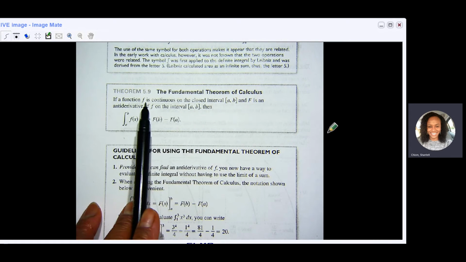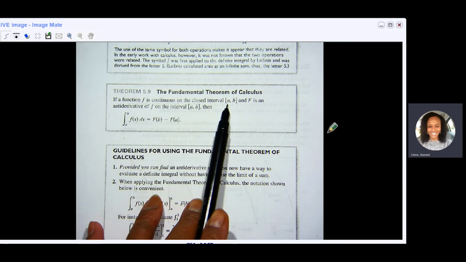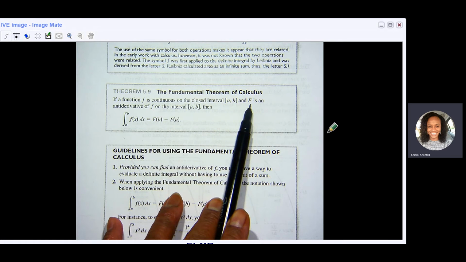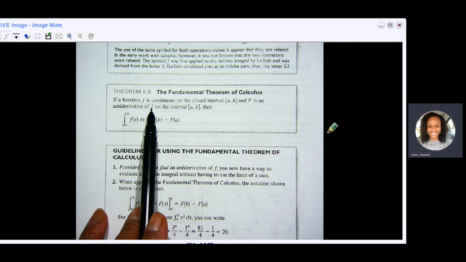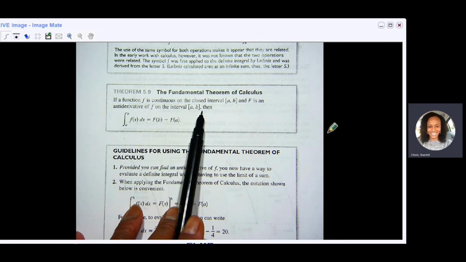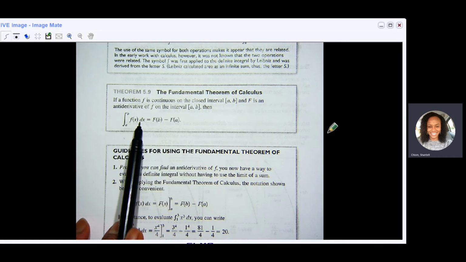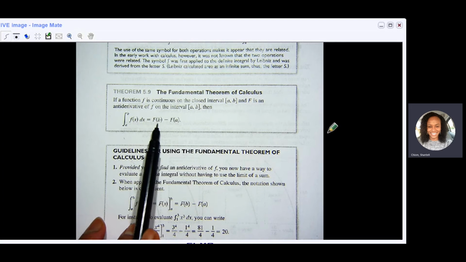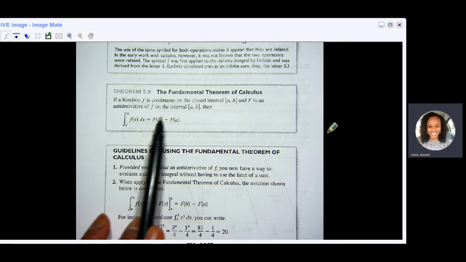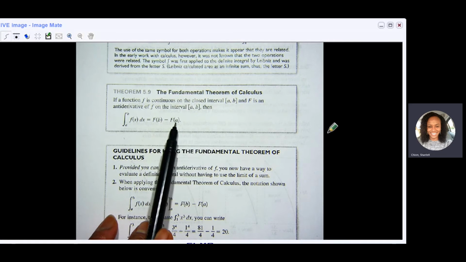So the fundamental theorem of calculus basically says this. If f is a continuous function on the closed interval [a, b], and capital F is an antiderivative of f on the interval [a, b], then the integral from a to b of f of x with respect to x is equal to the antiderivative evaluated at b minus the antiderivative evaluated at a.